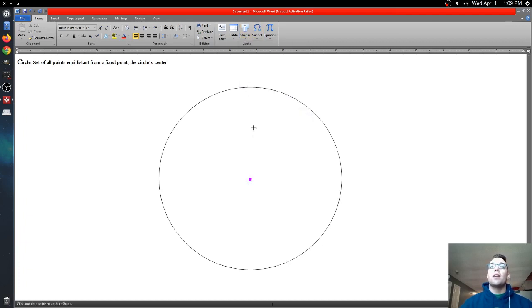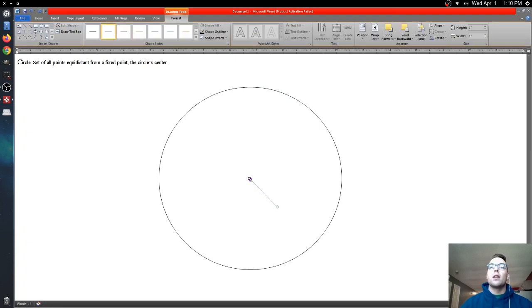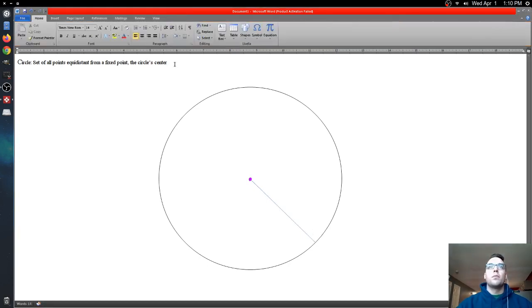We know that a radius is a line that connects the center of the circle to a point on the circle. So again, a radius is a line segment with one endpoint at the center and the other on the circle.